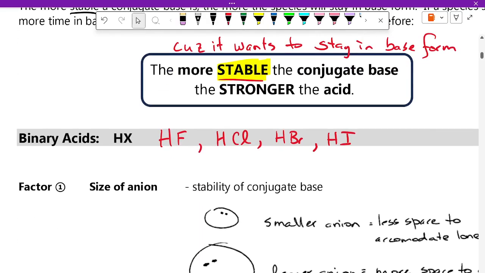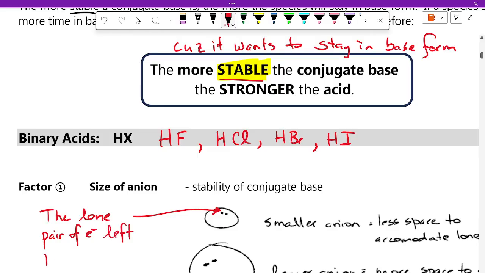Here we have the lone pair of electrons left behind when H plus leaves.